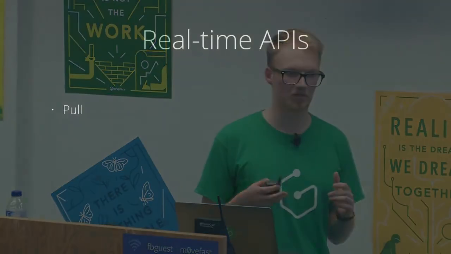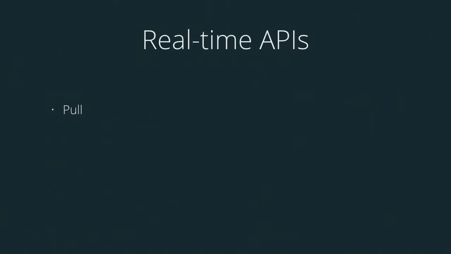He categorized the current state of GraphQL real-time APIs into two parts. One is pull-based. A current way to make GraphQL real-time is based on a pattern I think everybody is familiar with, which is polling.